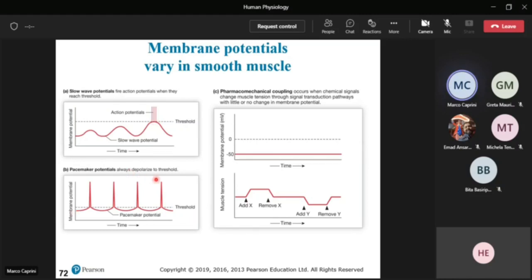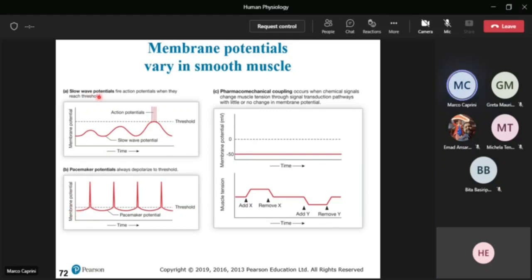These, in panel B, are pacemaker potentials. Potentials in the heart cell, that we will analyze tomorrow or the next time, okay? What is the difference between pacemaker potential and slow wave potential? In the pacemaker potential, the membrane always reaches a threshold.